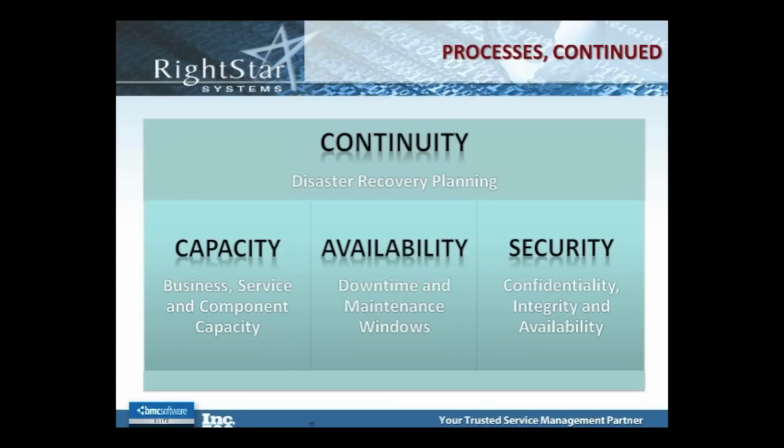When I teach these classes for ITIL Foundation, it's easy to remember because the acronym is CIA, which stands for confidentiality, integrity, and availability. Confidentiality is to protect it from those who shouldn't see it. Availability is the flip side. It's making it available to those who should see the data. And then integrity, which is making sure that the data itself is accurate and is not compromised.